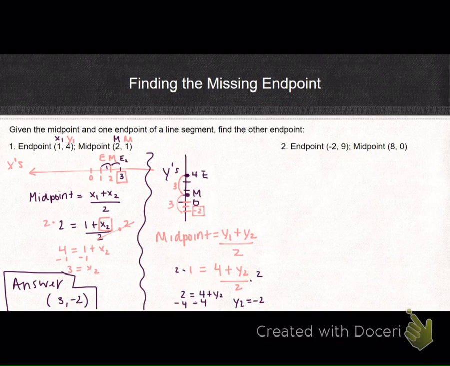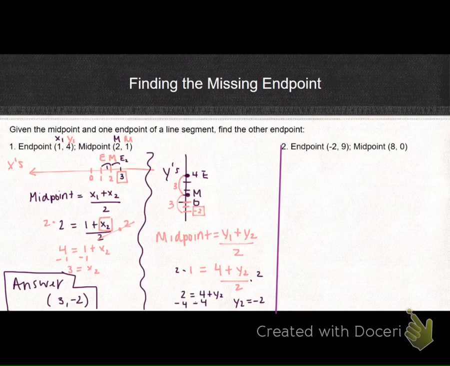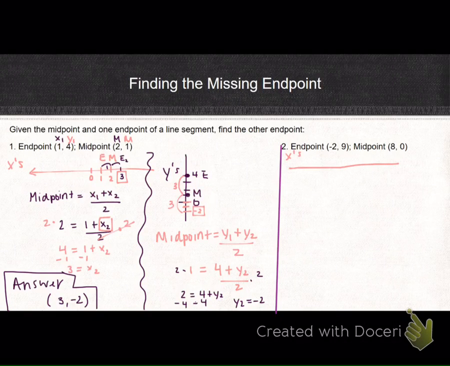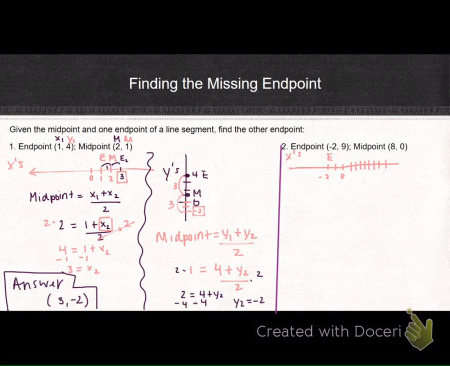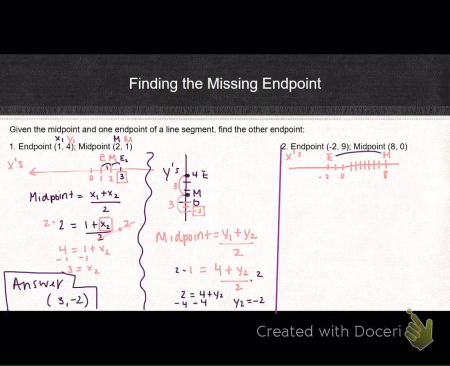All right, so let's look at the next one here. If I'm looking at the x's, I have an endpoint here and a midpoint here. So how many are there from the endpoint to the midpoint? How many spaces is that?